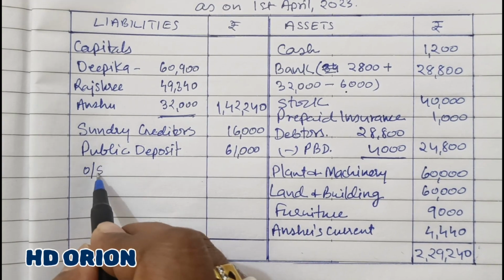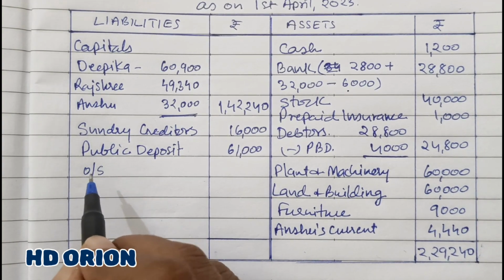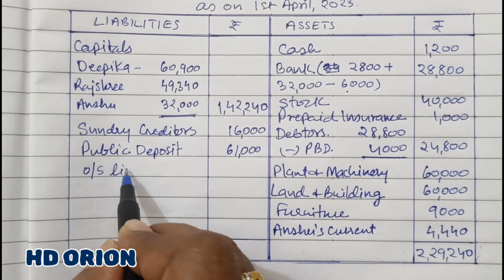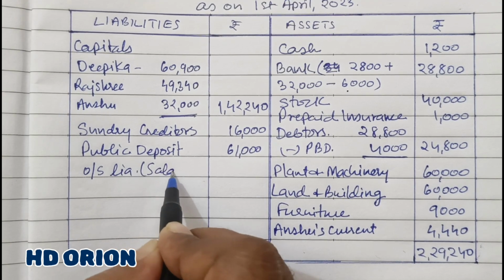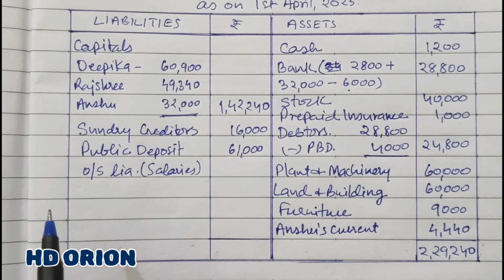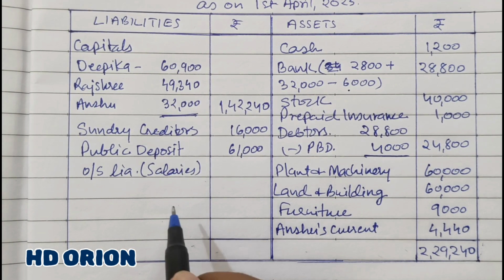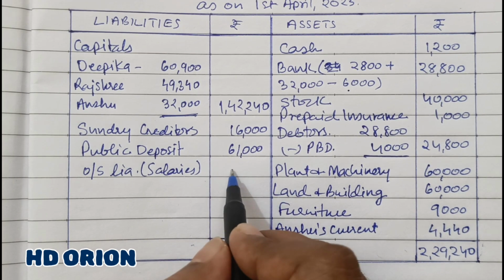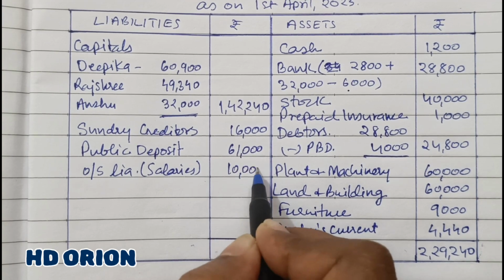Then outstanding liabilities, which is salary, as given in point E, 8,000 rupees. It is increasing by 8,000. So 2,000 plus 8,000 is 10,000 rupees.